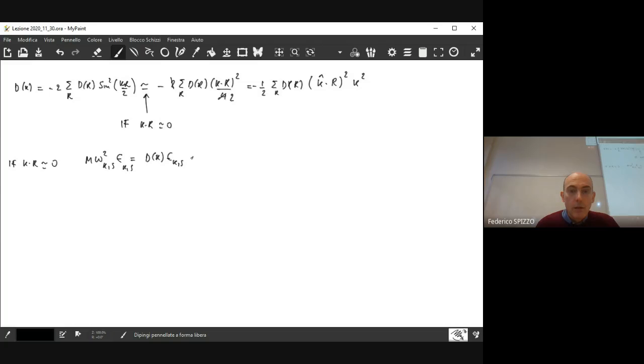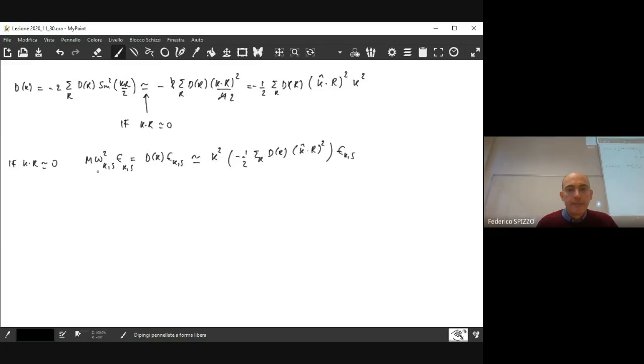This is proportional to k modulus squared times minus 1/2 summation over r of d of r, k versor times r squared, e ks. So I have just written the expression of D using this approximation.